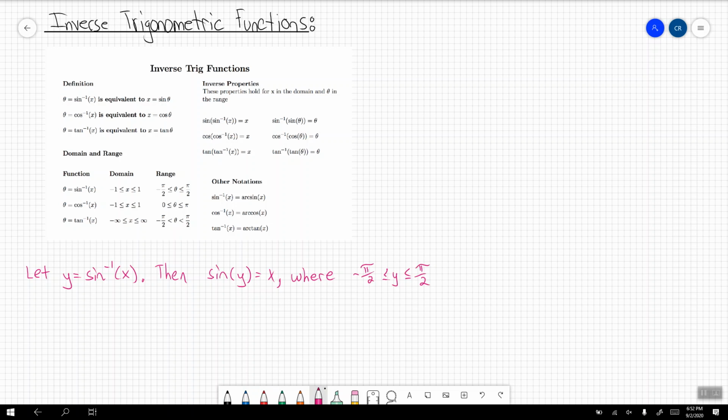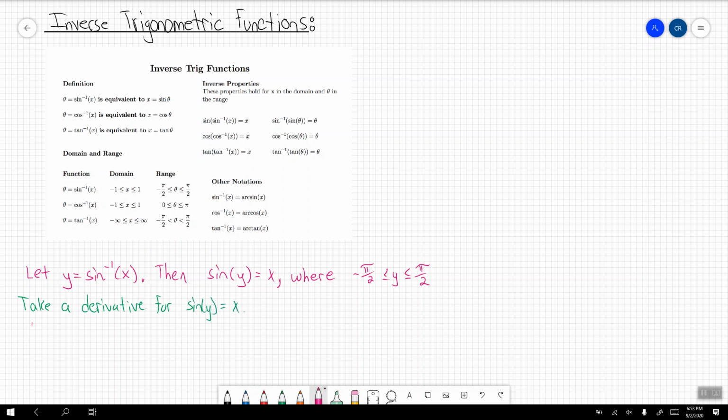Next, I'm going to be taking a derivative for sine y is equal to x. So right here, I'm just going to say take a derivative for sine of y is equal to x.